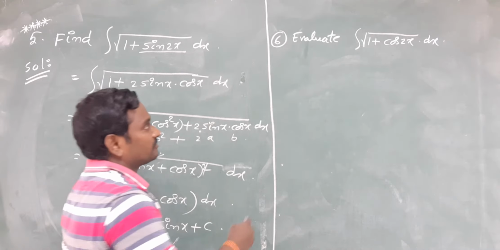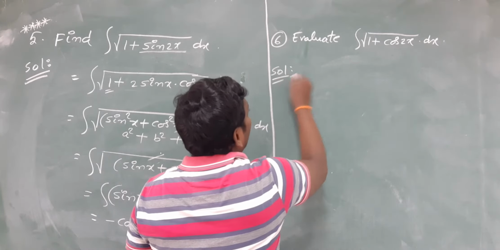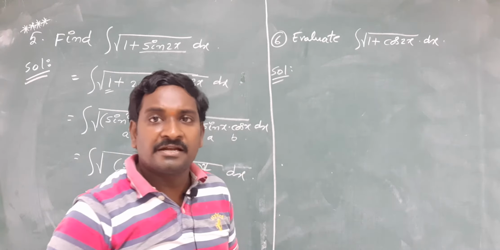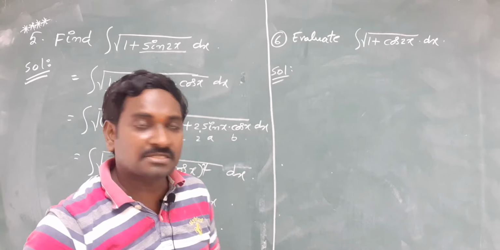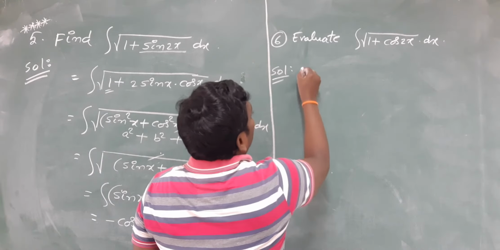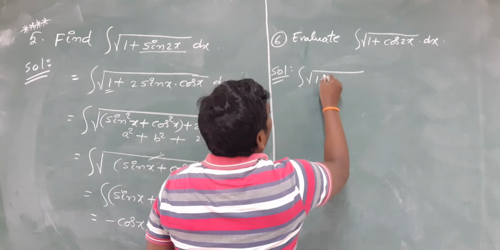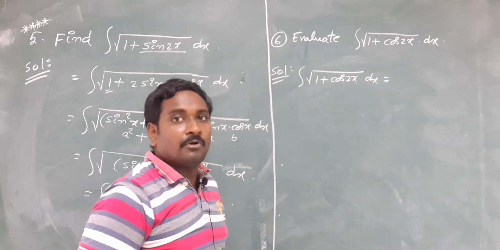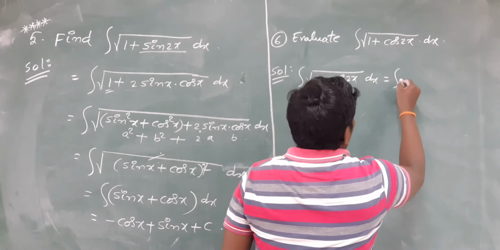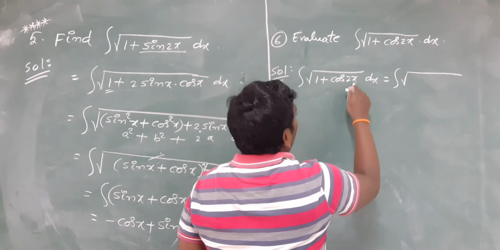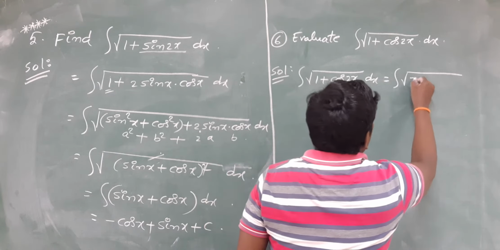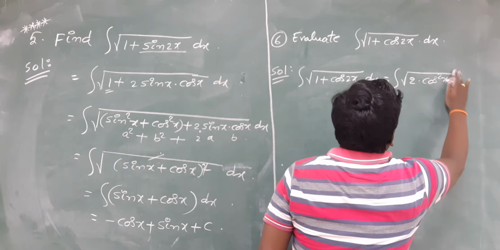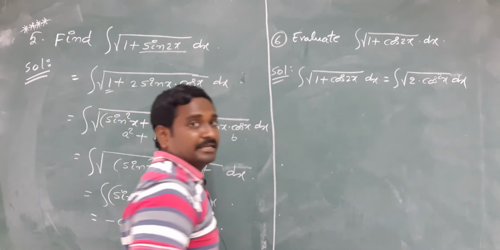Please see the next one. Evaluate integration of root over 1 plus cos 2x dx. Here also we do not have the direct formula on integration for this type of function. Integration of 1 plus cos 2x dx, already we have the formula on trigonometry for 1 plus cos 2x. 1 plus cos 2x can be written as 2 into cos square x, 2 into cos square x dx.